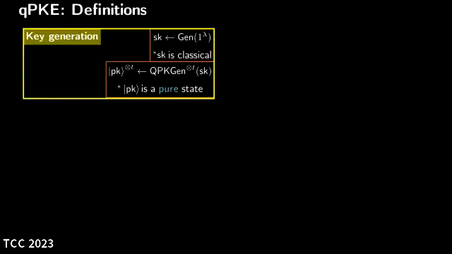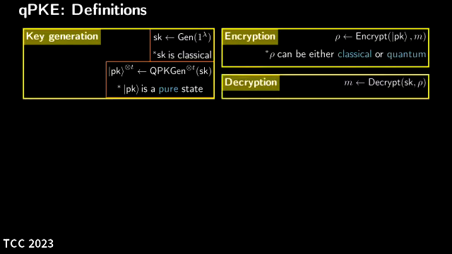So let me go to the first part of the talk, which is the definition. The definition of QPKE is kind of straightforward. It's just the same as classical public key encryption. We have key generation, encryption, and decryption. There are a few differences. The first one is that for encryption, the ciphertext can be either a classical or a quantum state.